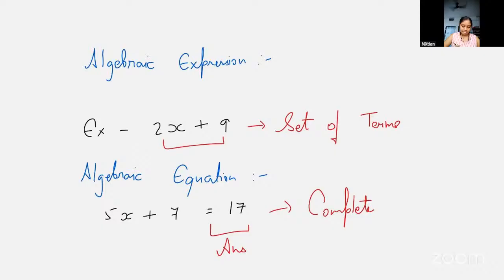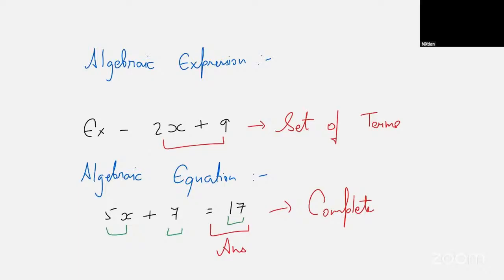See, this 2x is a term, the first term, and 9 is the second term. And in the next example, 5x is one term, 7 is one term, 17 is another term. All three are terms. Now I'll explain the concept of coefficient.